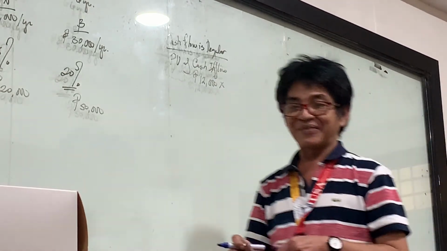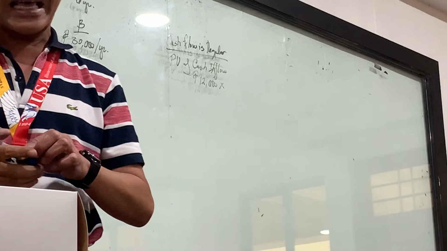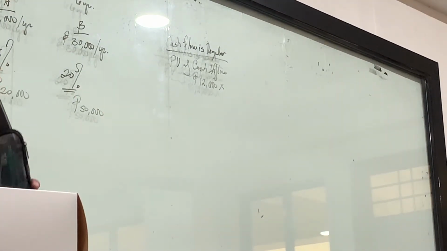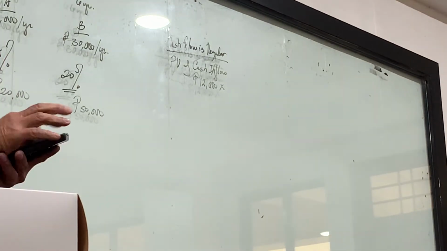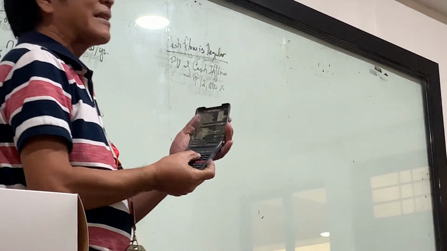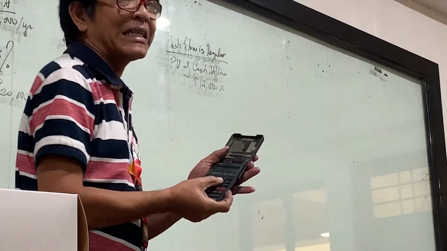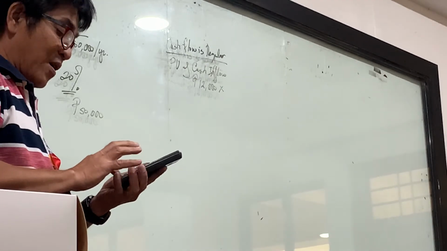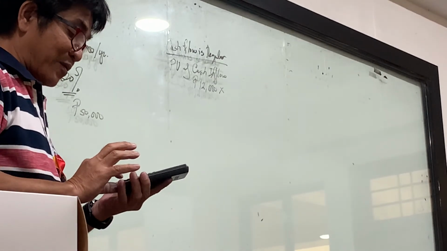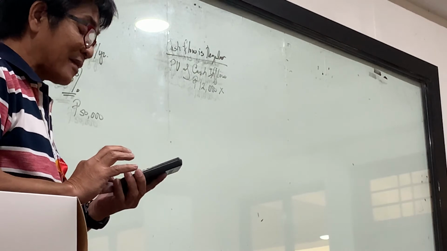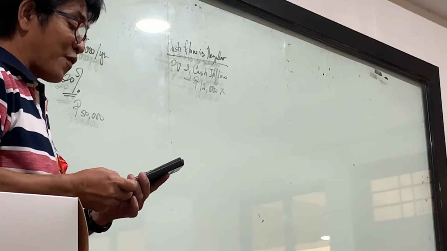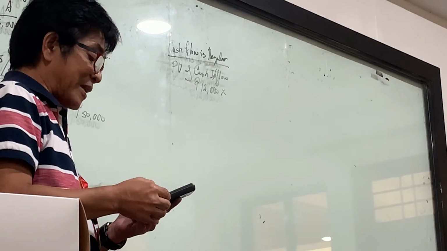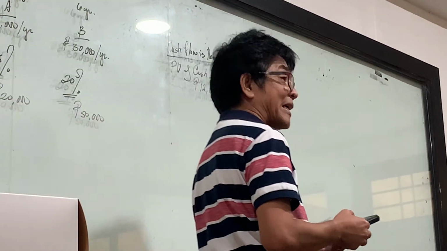Okay, makapalos sila mag-compute. Present value factor of an ordinary annuity at 10% for 15 years. 1.10 divided by 2 times equals 1, 2, 3, 4, 5, 6, 7, 8, 9, 10, 11, 12, 13, 14, 15. That will give you 7.606.